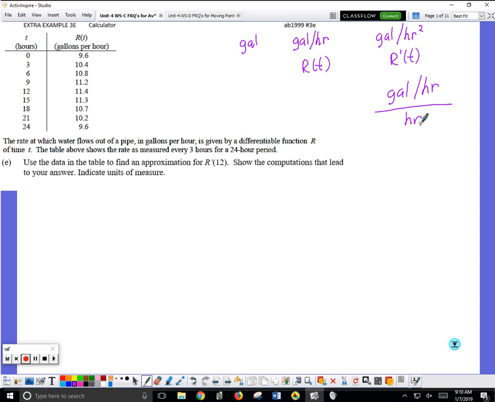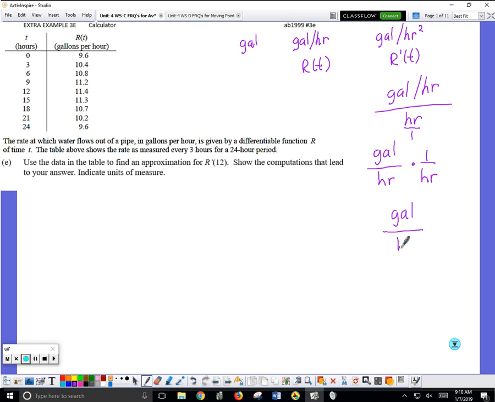So it's like this is changing by so many gallons per hour every hour. If you do the math on this, you have one fraction divided by another fraction. But dividing by a fraction is the same as multiplying by the fraction's reciprocal. So you get that. That's where you get gallons per hour squared.